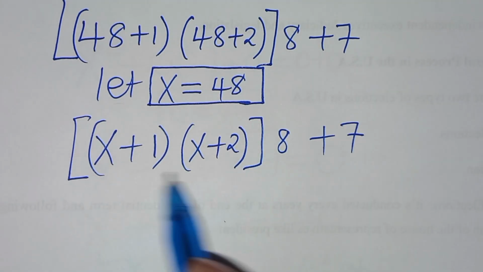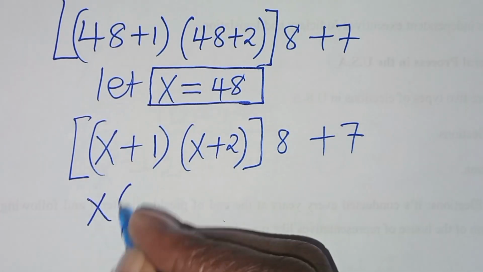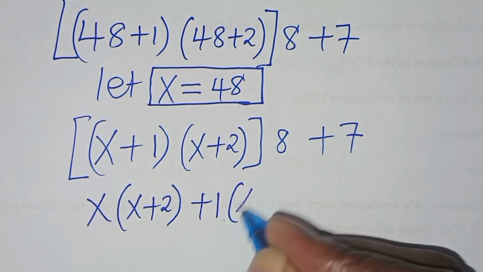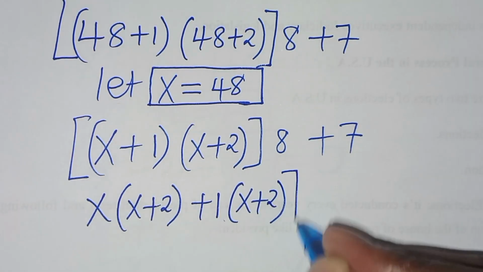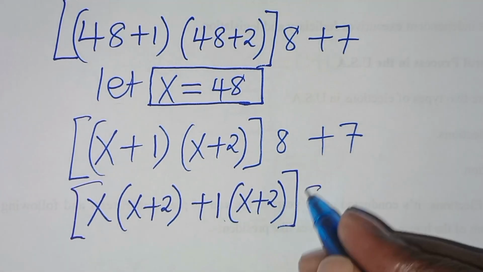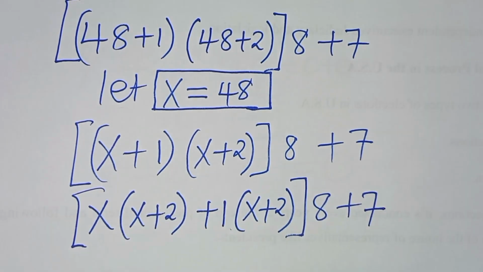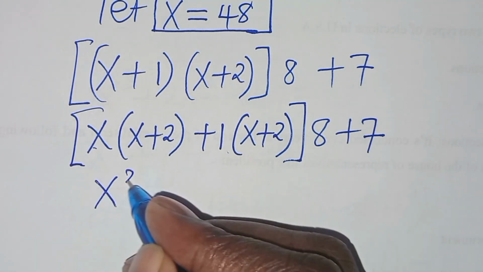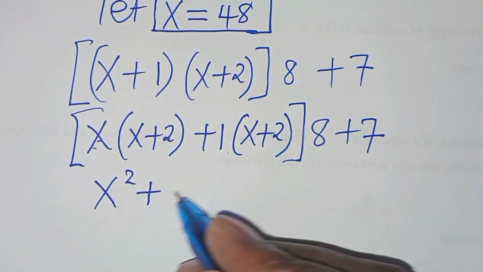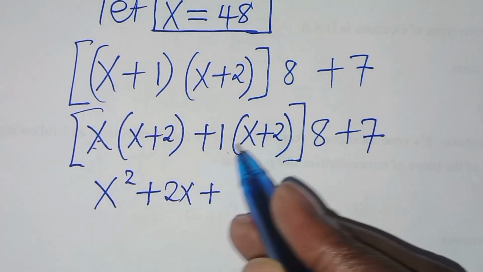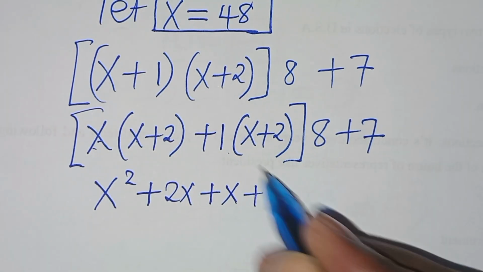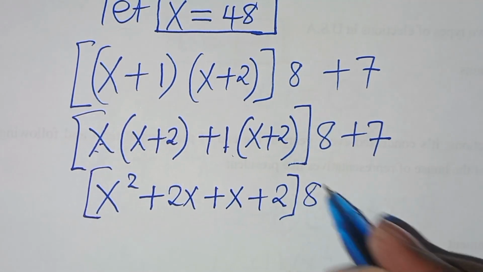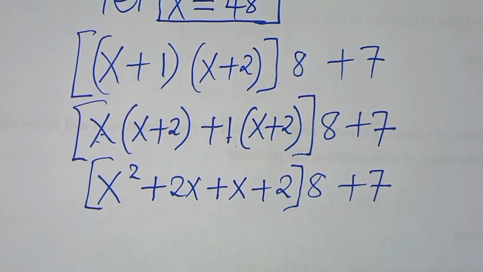So let's expand here. This is the same thing as x multiply x plus 2, then plus 1 multiply x plus 2. Close the bracket here. Times 8, then plus 7. So here we have x times x, this is x squared, then plus 2 times x, this is 2x, then plus 1 times x, this is x, then plus 1 times 2, this is 2, close the bracket here, times 8, then plus 7.